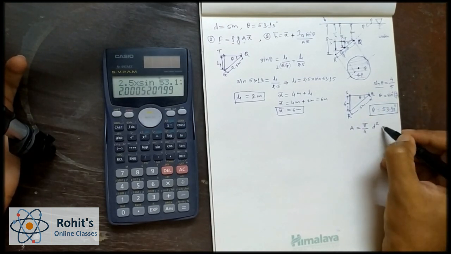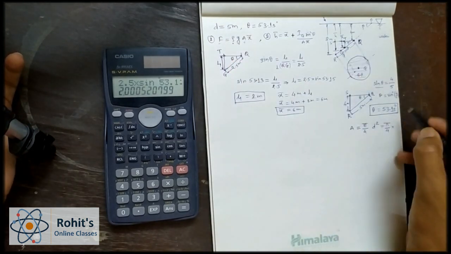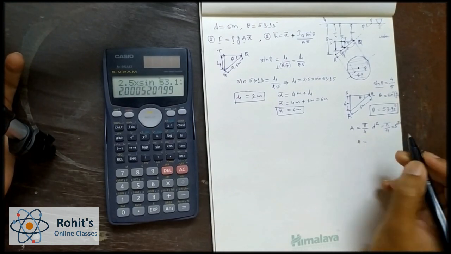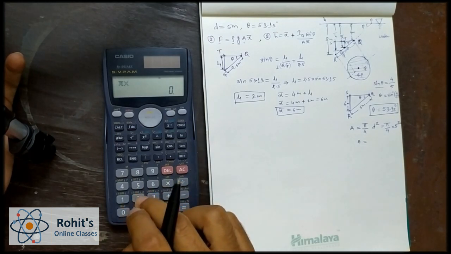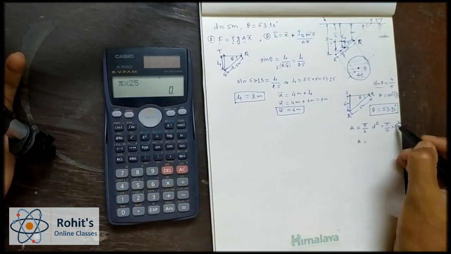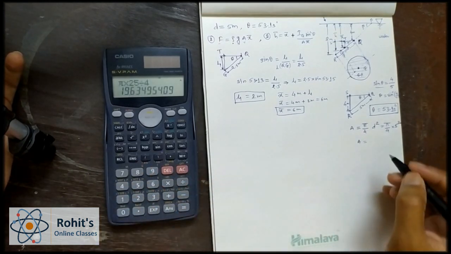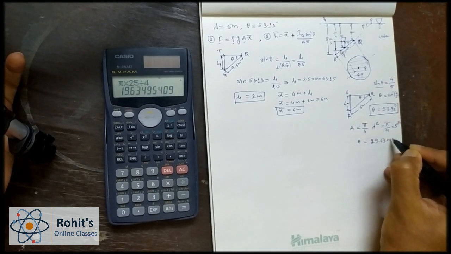So pi divided by 4 into d squared, how much is d? It is 5, and its square is 25. So the area of the circular plate is pi multiplied by 25 divided by 4, which is 19.63 meters square.